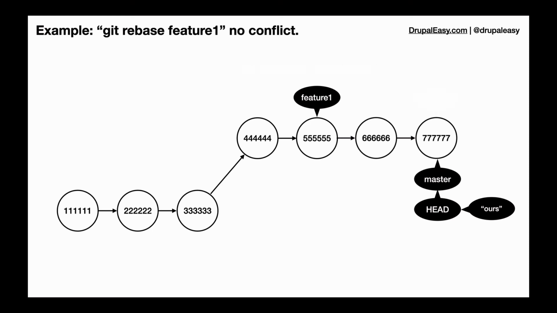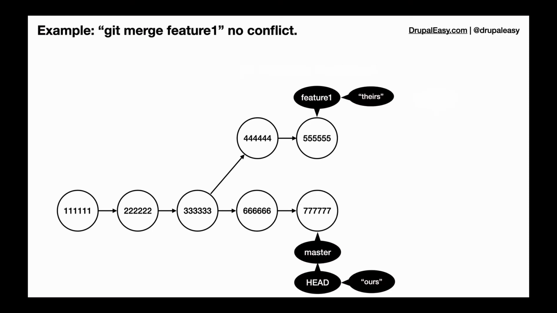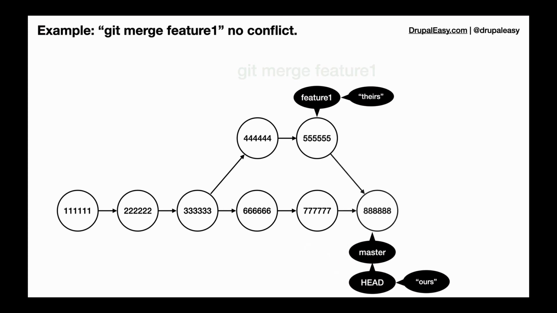Now, let's take a look at if we start in the exact same place, but we do a merge instead. A merge is a bit different. When we're on the master branch and we issue a merge command, Git doesn't go back in time. Git is going to look at the two divergent branches, and it's going to try to create a new commit that rectifies the changes in both branches.